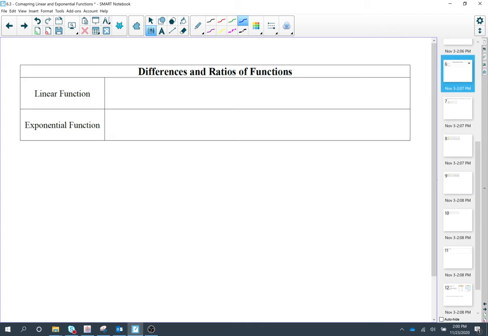So in a table, if you're looking at a linear function, they're going to have a first difference, and that first difference will be the same. Also known as, I'm just going to put here, rate of change.